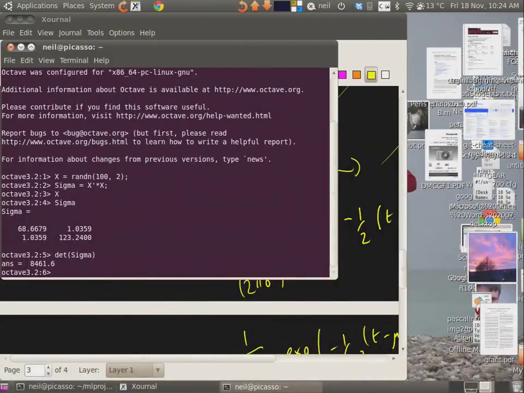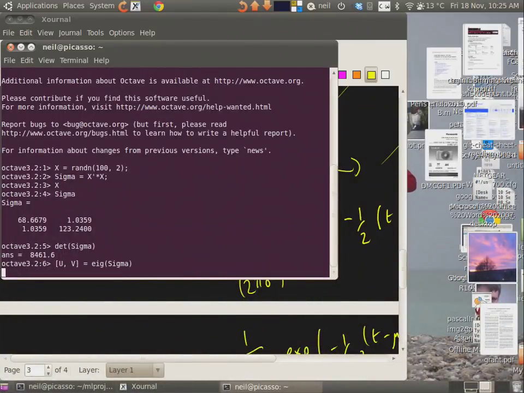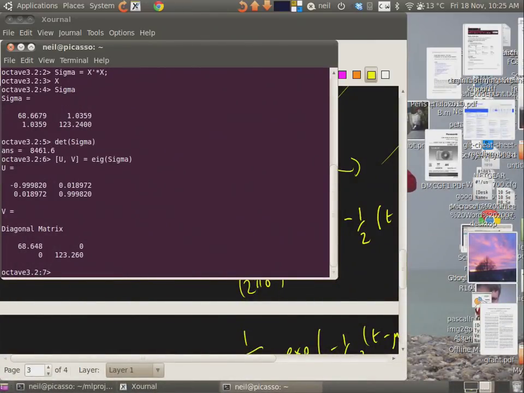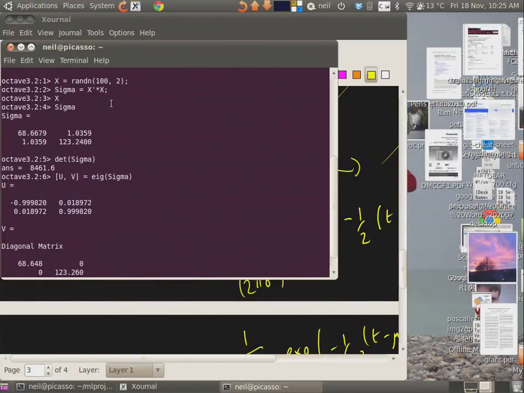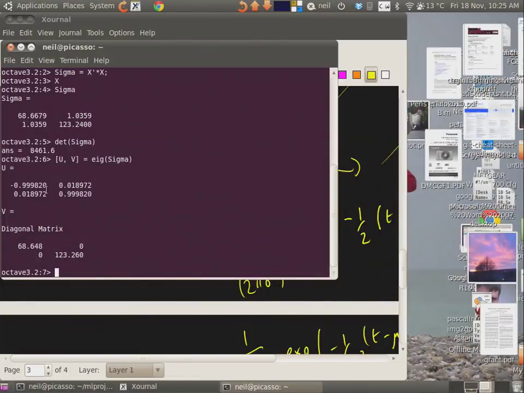So how difficult is it to compute the eigenvalue decomposition? Not very difficult. Now, because I sampled in this case from a random Gaussian distribution, and then effectively here I computed its covariance, it turns out that this is dominantly diagonal.